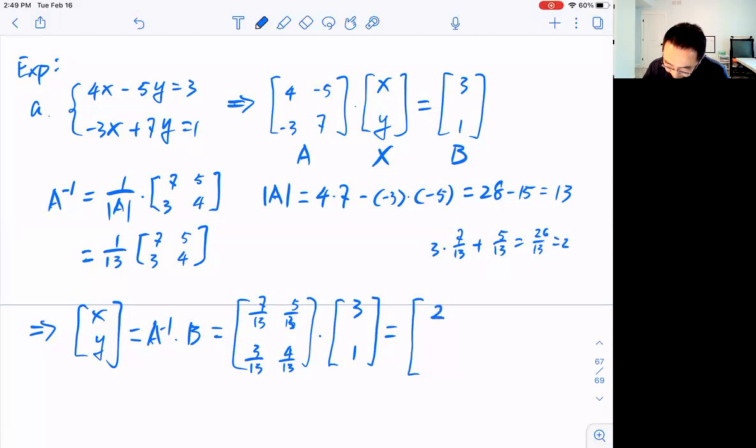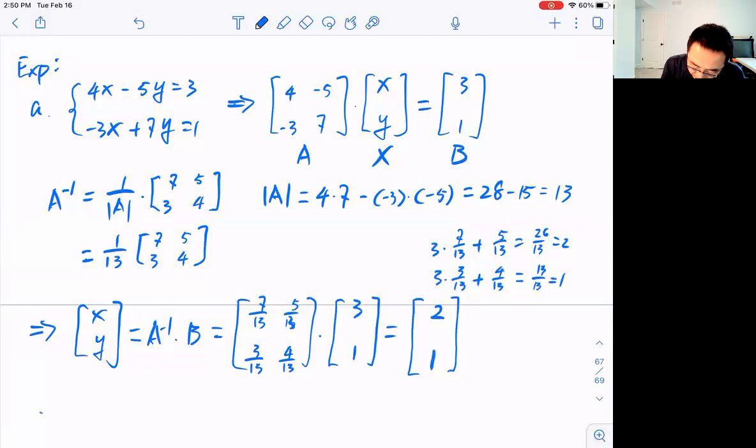Then the second number equals this number times that number plus this number times this number. That gives you the second term, and that equals 3 times 3 over 13 plus 1 times 4 over 13. If you do that, that equals 13 over 13, which is 1.